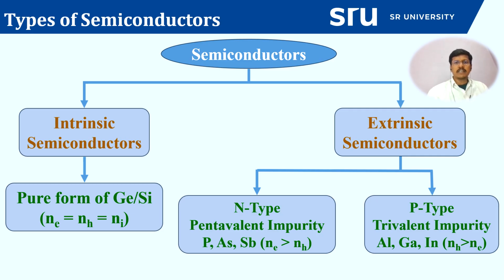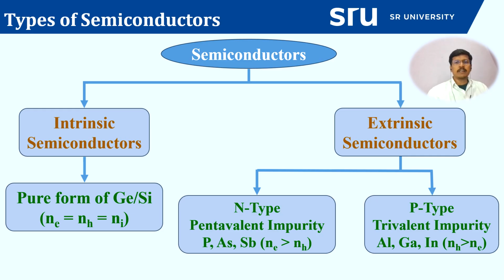An intrinsic semiconductor is a pure semiconductor without any intentional impurities. As already I mentioned, silicon and germanium are the examples of intrinsic semiconductors which are available in pure form.